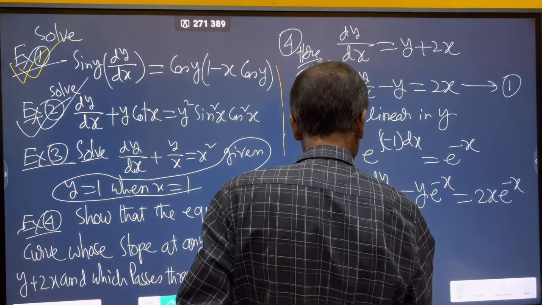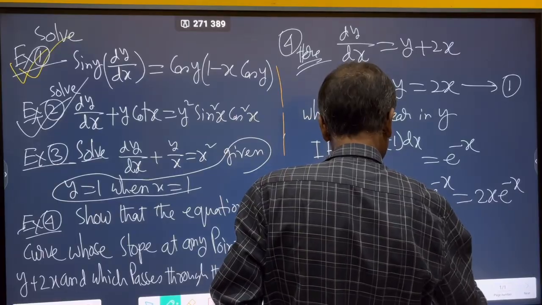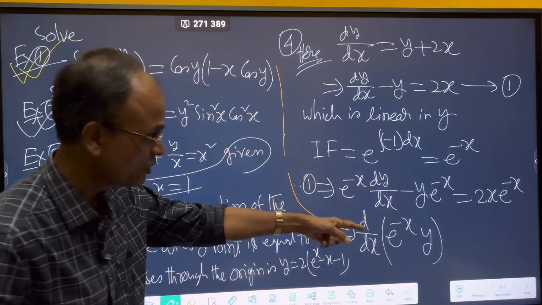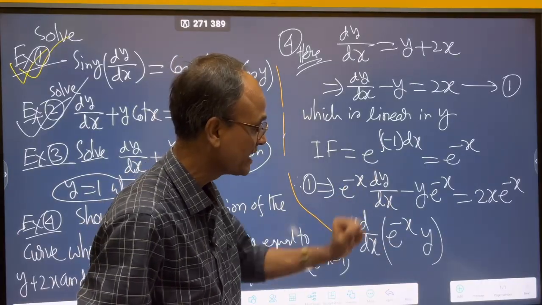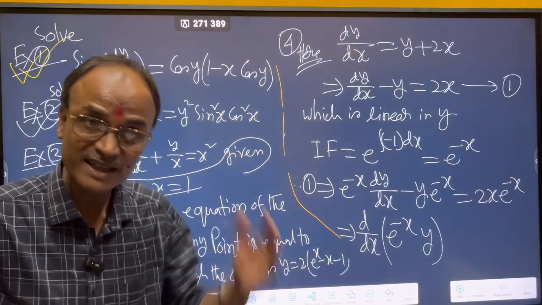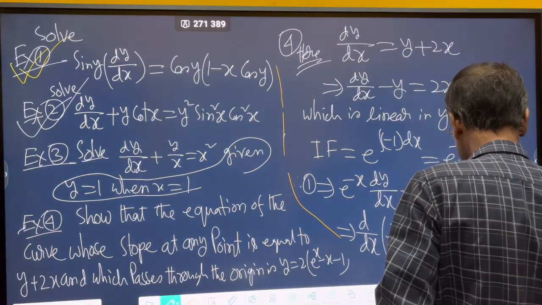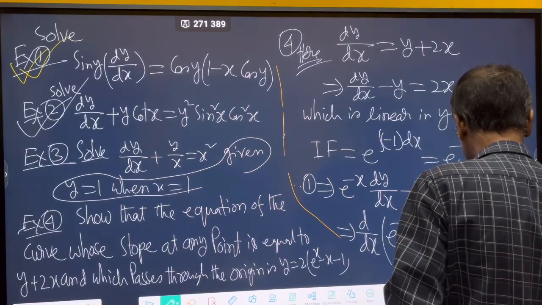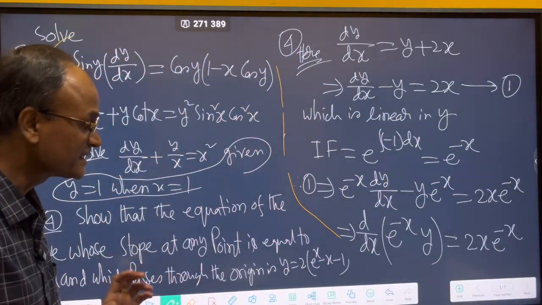You may check here also: e to the power minus x dy by dx plus y times the differentiation of e to the power minus x, which is minus e to the power minus x, is equal to twice x e to the power minus x.